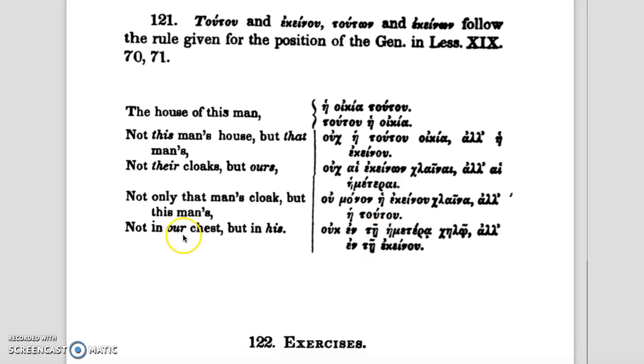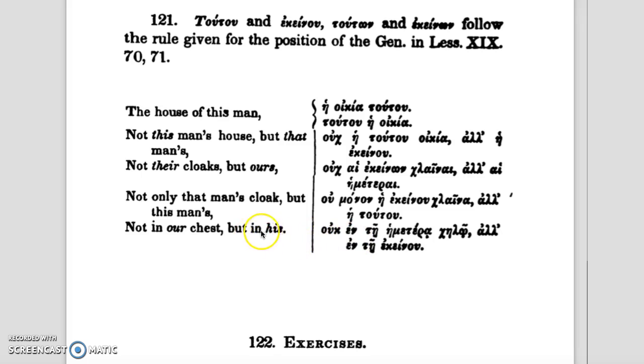Last example, not in our chest, but in his. Uk in te emetera kelo, not in the our chest, al in te ekinu, but in the one of that man, but in his. Notice we're doing a pretty hard jump from in the of that man, and we're doing it all, combining it all into in his.